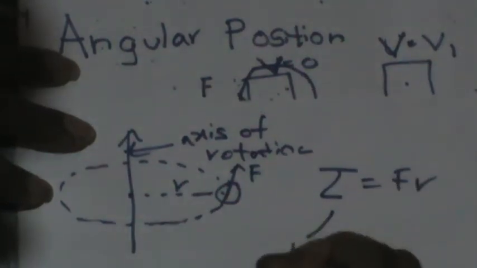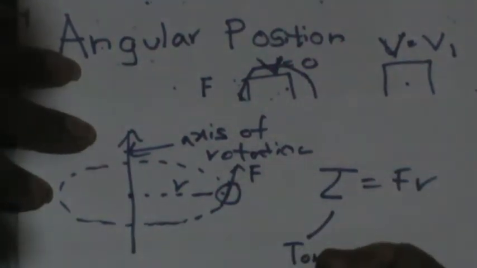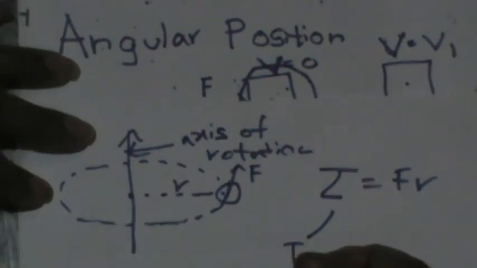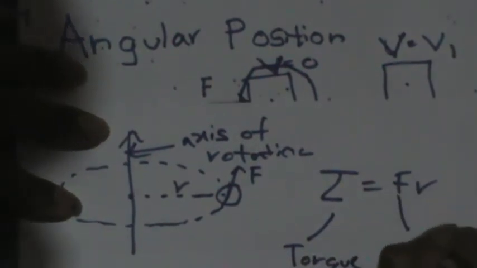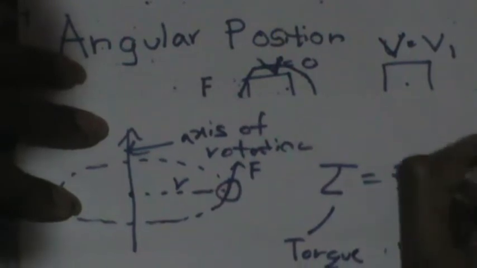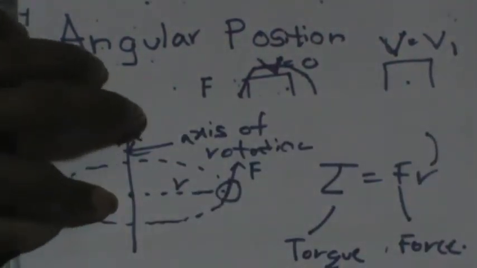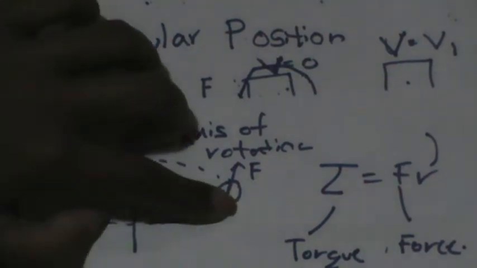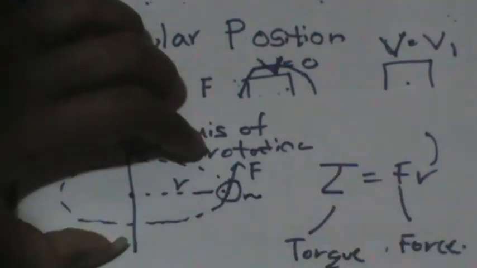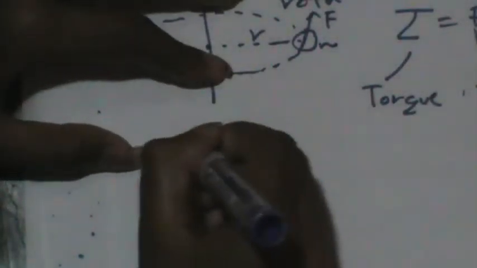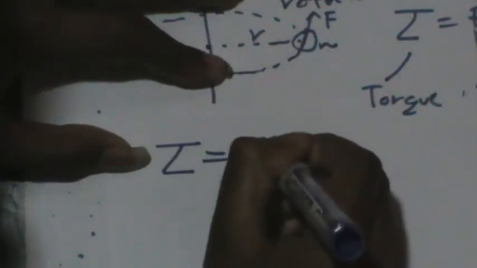Tau is the torque, the analogy of force in rotational motion. F is the force in translational motion, R is the distance between the axis of rotation and the object.